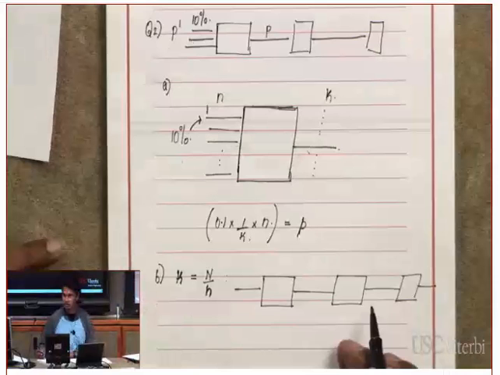Either A1 is occupied or A2 is occupied. And these are independent of each other. The probability that either one is occupied is really just the sum of them. It's essentially just 2p.